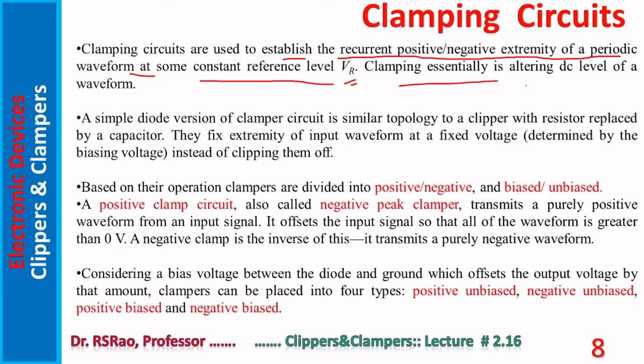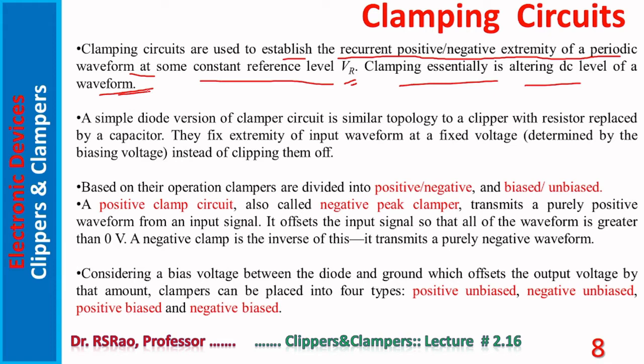Clamping essentially is altering the DC level of a waveform. Notice the difference between clamping and clipping. Clamping alters the DC level of the waveform, whereas clipping alters the waveform itself. Out of clippers, we get a different waveform than that which is fed.